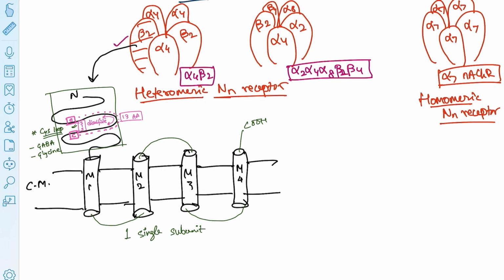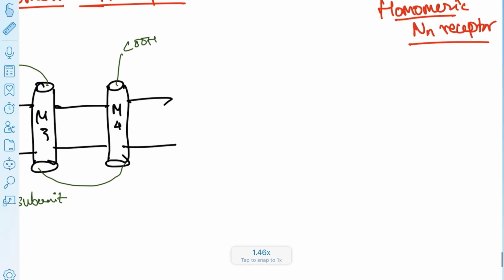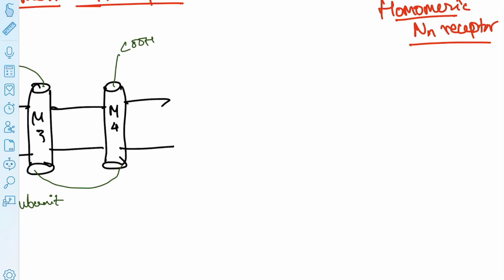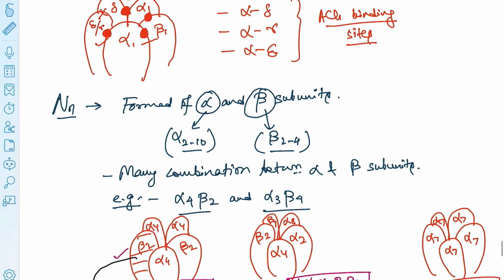Now the question is, where does the agonist or any drug bind to this particular receptor? As I told you, they basically bind to the extracellular region in the N-terminal domain here, but it is not that simple. Okay, so if we see the nicotinic receptor as a pentameric structure, as I told you, mainly the acetylcholine binding sites are at the alpha delta or alpha gamma region.